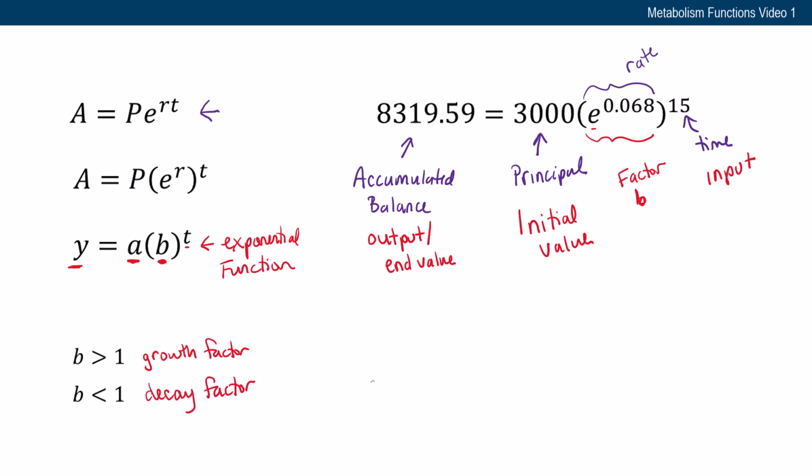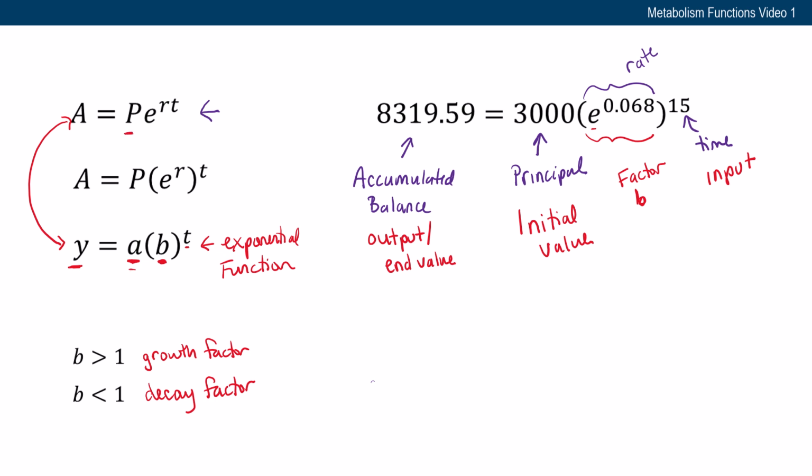Notice that I want to compare the continuously compounding formula to this generic exponential function. Y and A represent the same ideas. Before we called it accumulated balance, now it's referred to as the output or the end value. Next, the 3,000 represents our principal.